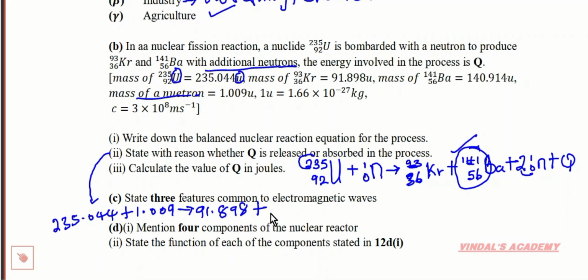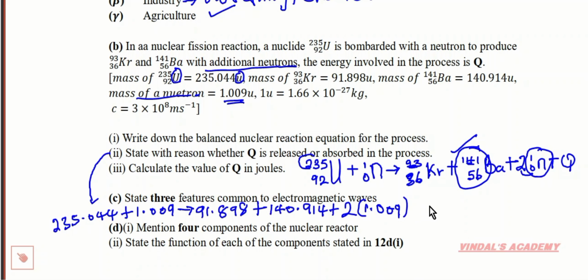The value is 140.914, then plus 2 times this particular value, 1.009, all in U, remember, all in U.